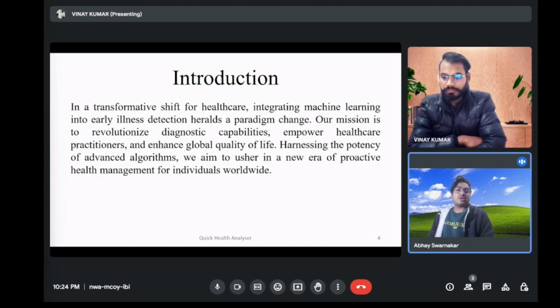For example, diabetes data includes insulin, blood pressure, and cholesterol in your blood. Using these values, we make a machine learning model and make predictions.